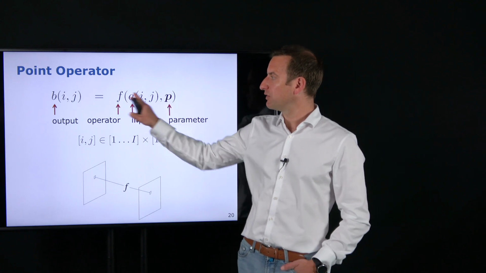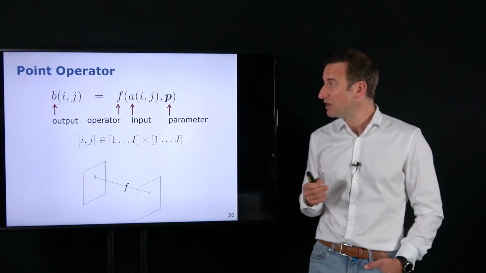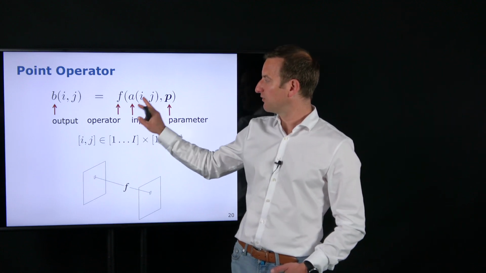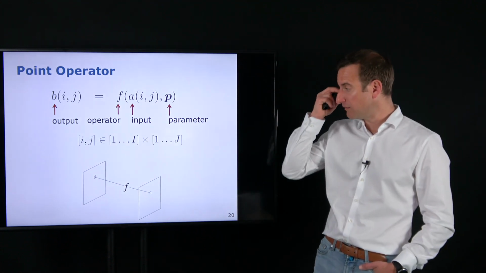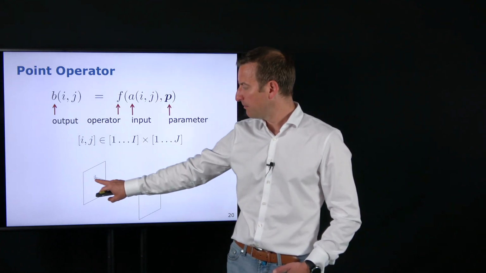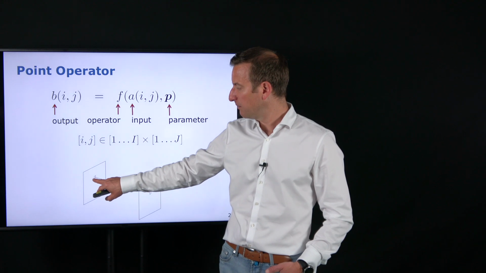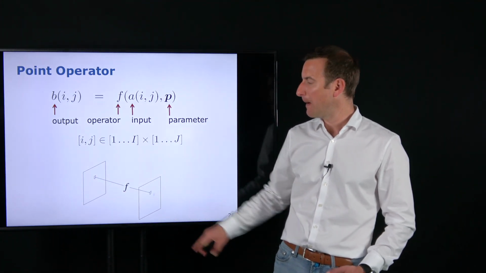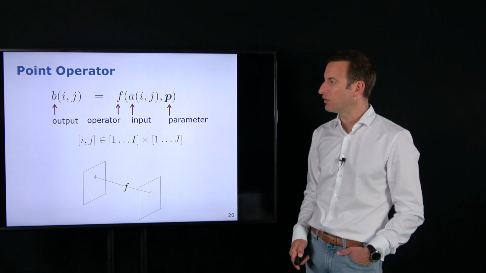So there are some parameters for that function f which can be involved in this operation, but in terms of the input image, it's just this single intensity value. So that I have a function f which has some additional parameters p, but the input is only this pixel value, so this would be aij, and this would turn into bij at the output.